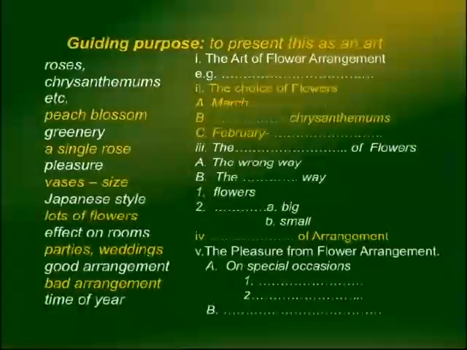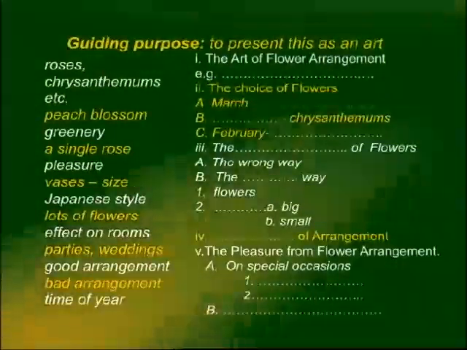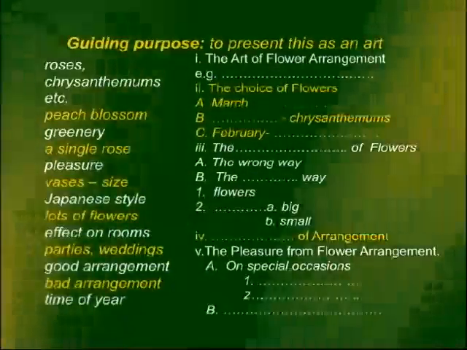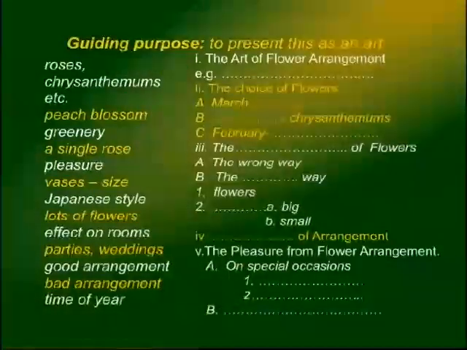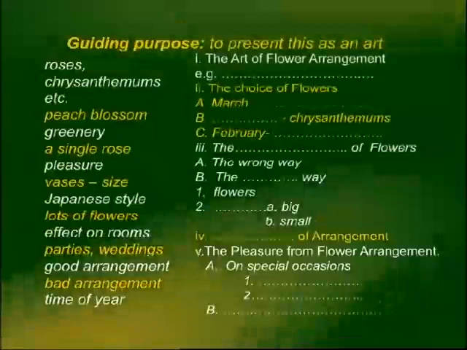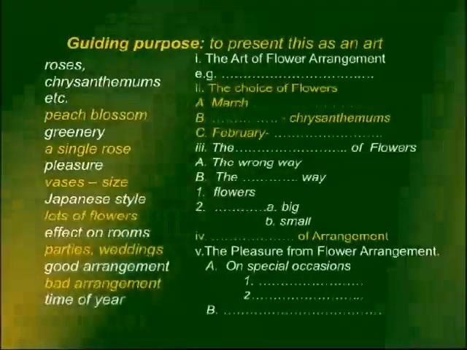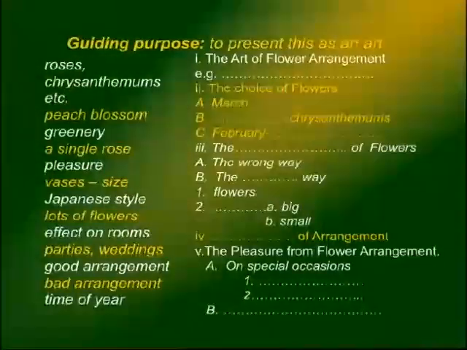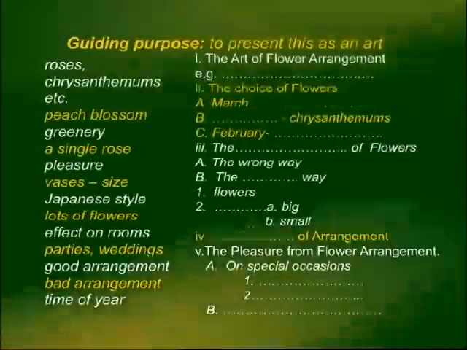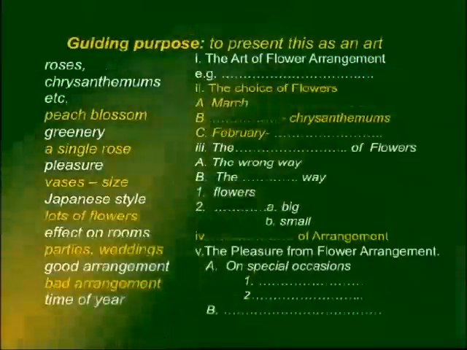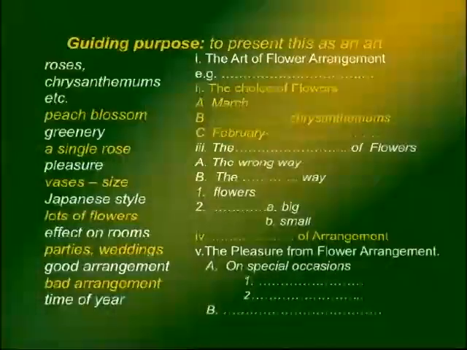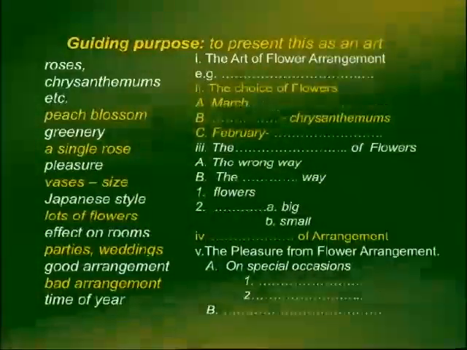And you've got words like, when you think of flower arrangement, the things that come into your mind: names of flowers, roses, chrysanthemums, peach blossoms, dahlias, greenery, a single rose, pleasure. You get pleasure, so you write it down when you are arranging flowers.